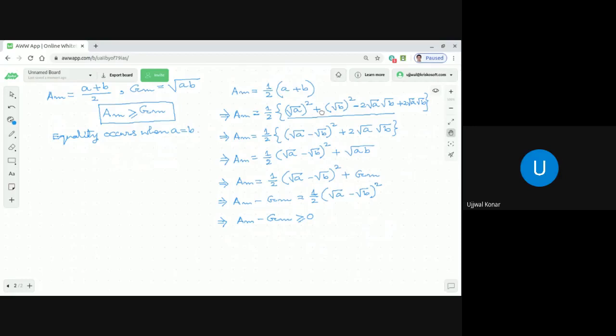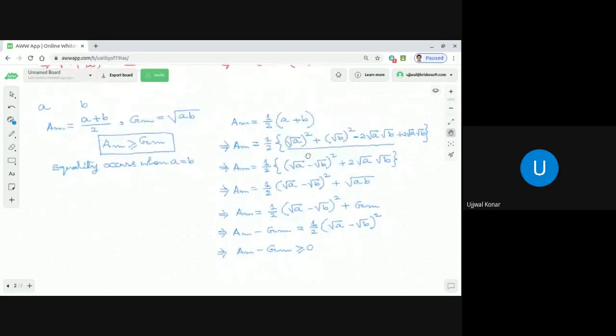Yes. So this is a very, very important relationship. I'm repeating that word very, very a couple of times because this is so important. Looks like it is very simple to establish, looks like it is so obvious, but the point is not that. The point is the application of this inequality, that arithmetic mean is greater than or equal to geometric mean, and applying this at the proper time in solving lots of algebra problems is the most important part.